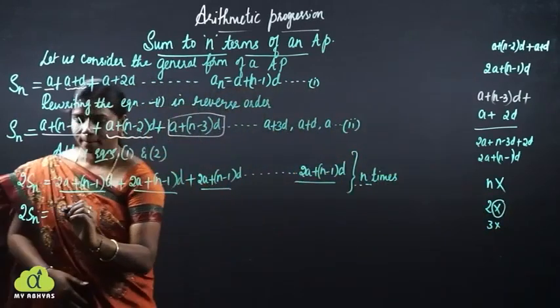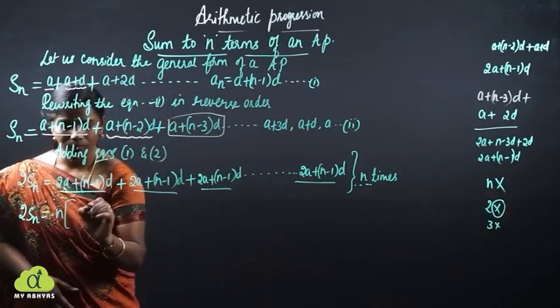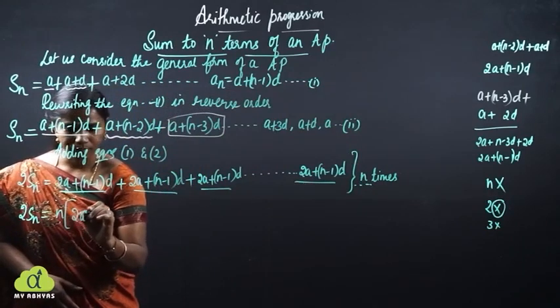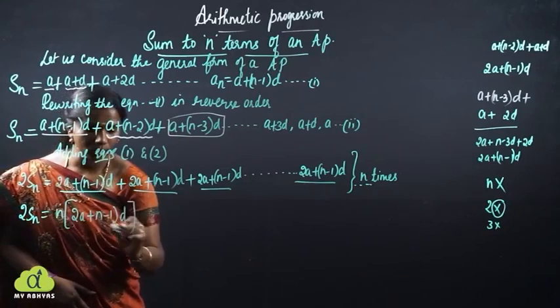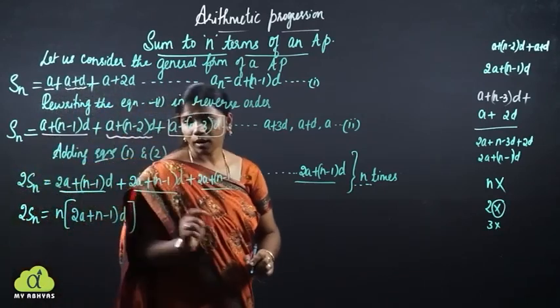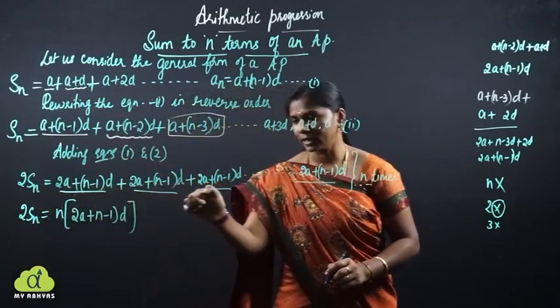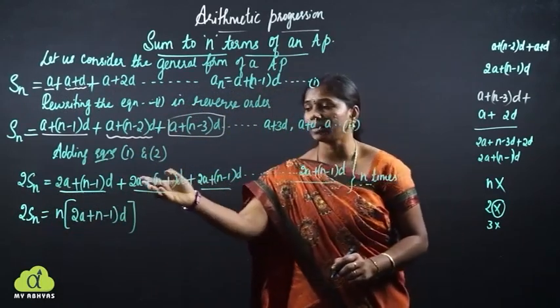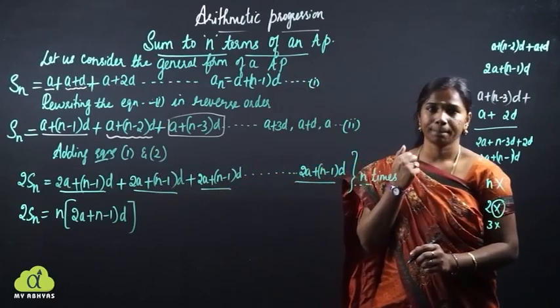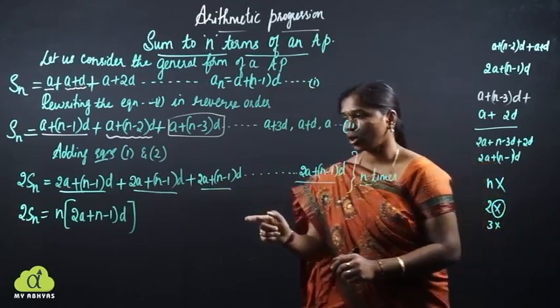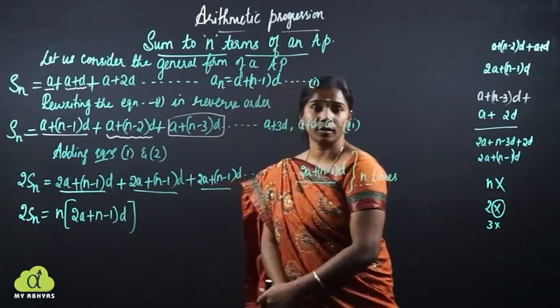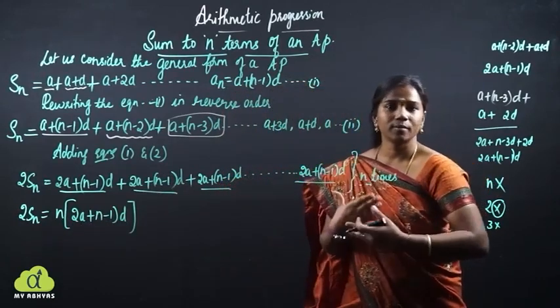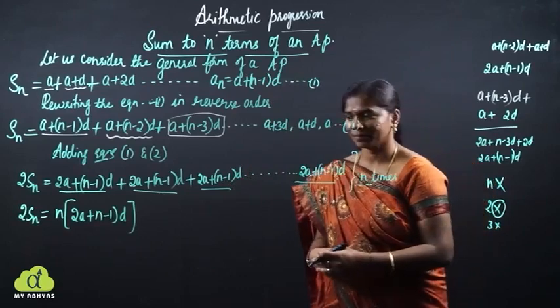Continue, it is n into 1 time of 2a plus n minus 1 into d. After writing n, you need not write the full series or repeat the same terms again and again, because I have written the short form n into this term, 2a plus n minus 1 into d. N times it is multiplied. Very easy. Have you understood?